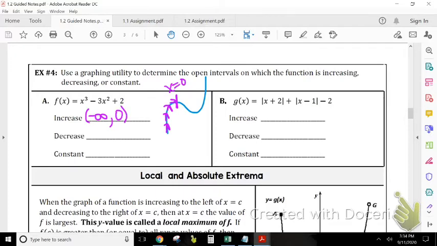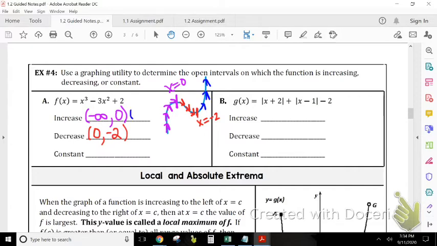Parenthesis. Then what happens? Then we start going down, so we're decreasing. And we're decreasing from where it stopped increasing, so the 0, down to this point right here that has x is equal to -2 at that point. And then what happens? Well, then my graph starts increasing again, okay?